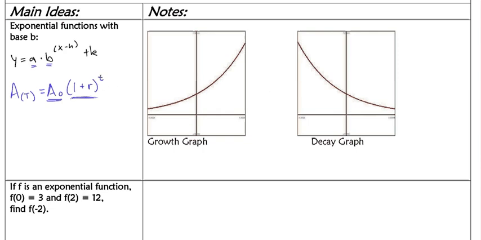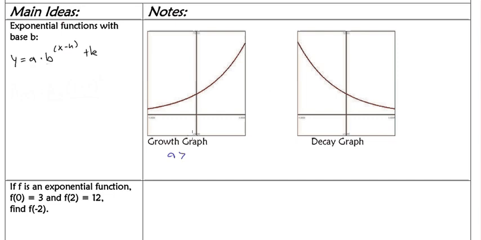These are two different ways to look at it. This one's specific for rate of growth and decay, and here's a more generic exponential function, a graph of an exponential function. Think of all of the graphs we've done with interest or depreciation or whatnot: A is going to be positive.